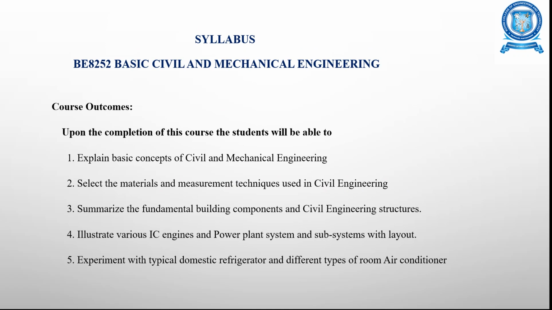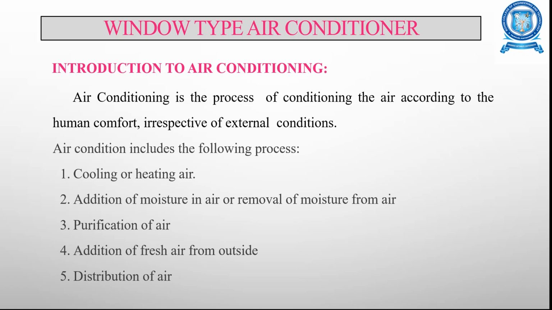And from the 3rd unit, the students will be able to summarize the fundamental building components and civil engineering structures. And the students will be able to illustrate various IC engines and power plant systems and subsystems with layout from Unit 4. And from the Unit 5, the students will be able to experiment with a typical domestic refrigerator and different types of room air conditioner.